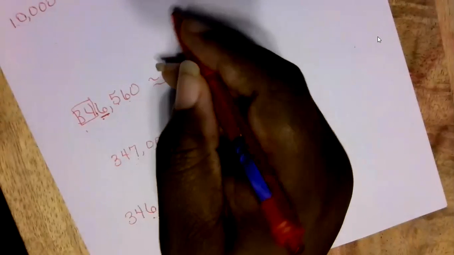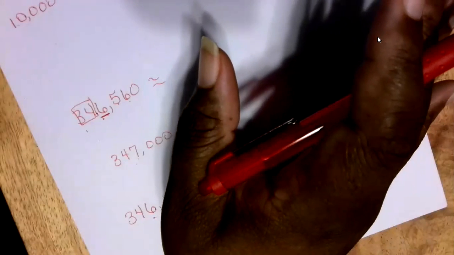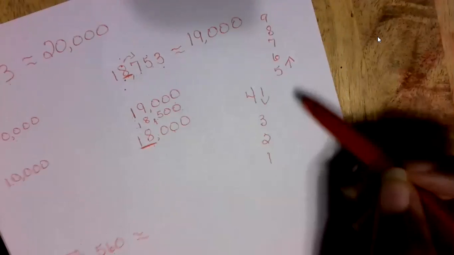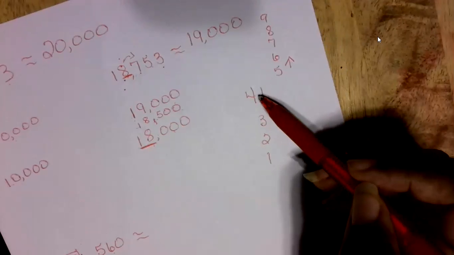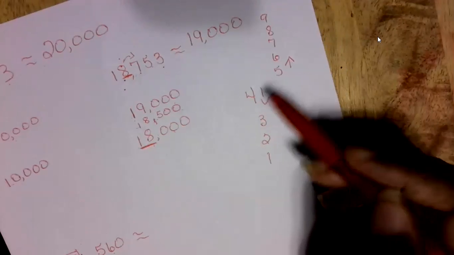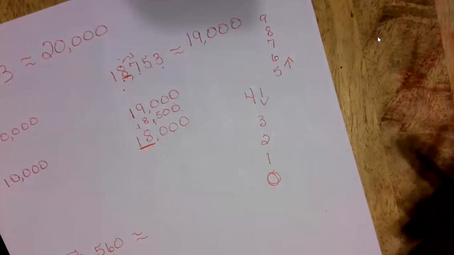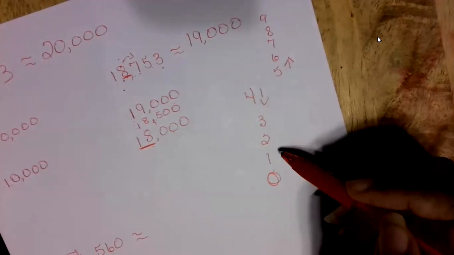Now, we're not using our vertical line on this one. We're going to use what we had up here, where if the number in the place value behind what we're rounding is 4, 3, 2, 1, or 0, let's not leave out the 0, it stays the same.